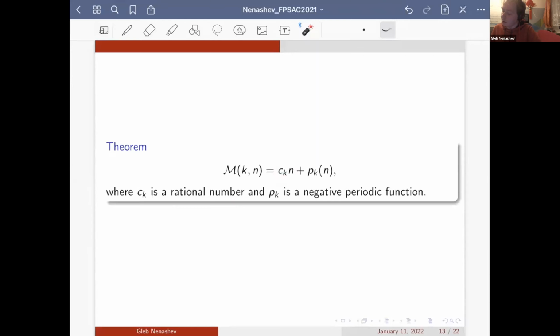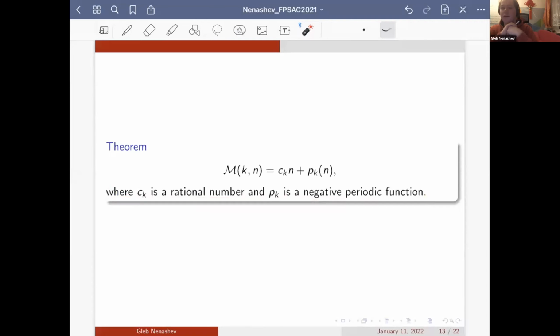And MKN is a periodic function where this part is always negative. So MKN is equal to a rational times N minus some periodic function. And of course, I don't have time to present a proof of this fact.